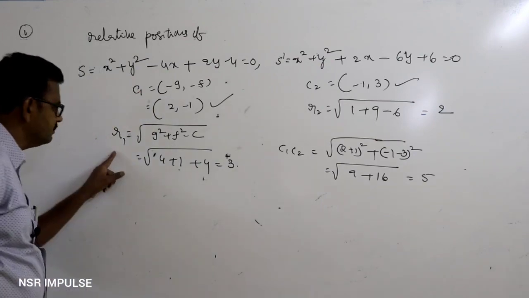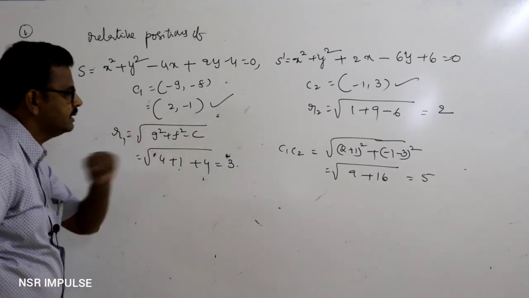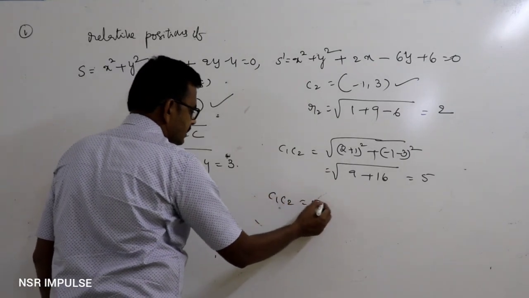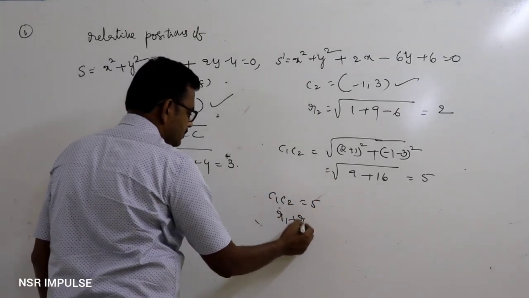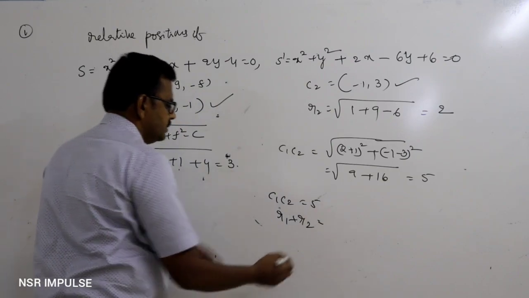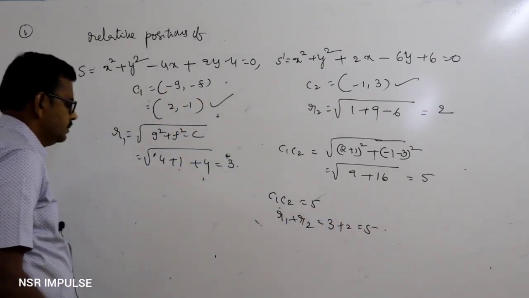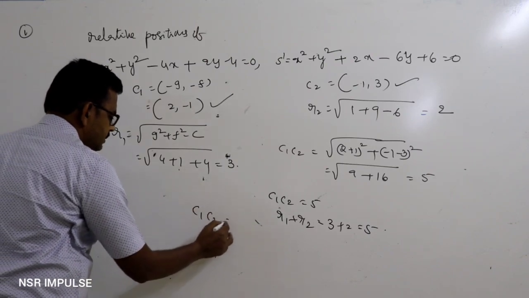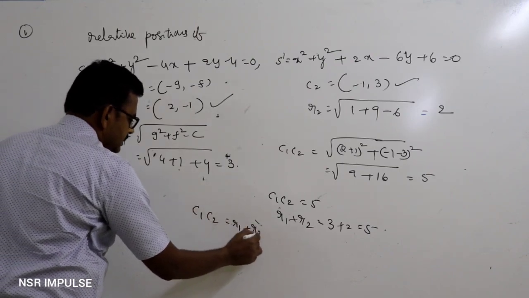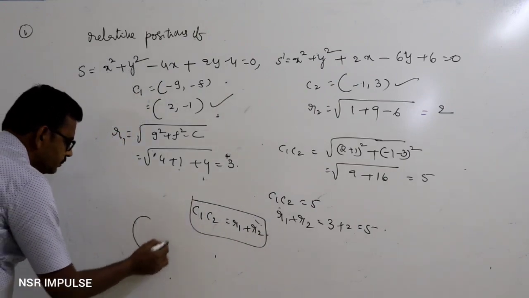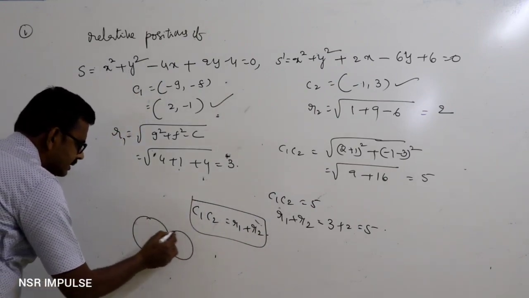Now observe R1, R2 and C1C2. C1C2 is equal to 5. R1 plus R2 is 3 plus 2, that is 5. So C1C2 is equal to R1 plus R2. Therefore, the two circles touch externally.